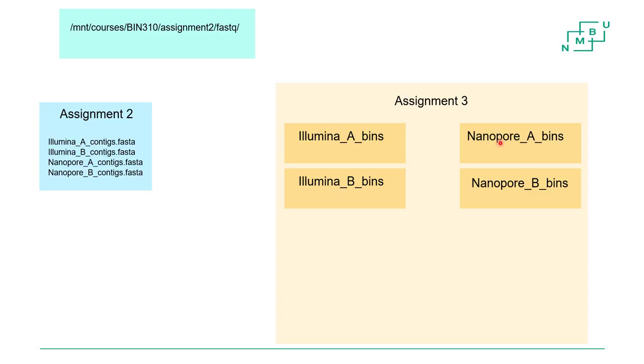Then do the same for nanopore, but now you have to switch from using Bowtie to minimap2. That's the only difference really, because now you need to use the nanopore reads from up here, right? The nanopore A sample reads against the nanopore A contigs in here, mapping with minimap2.